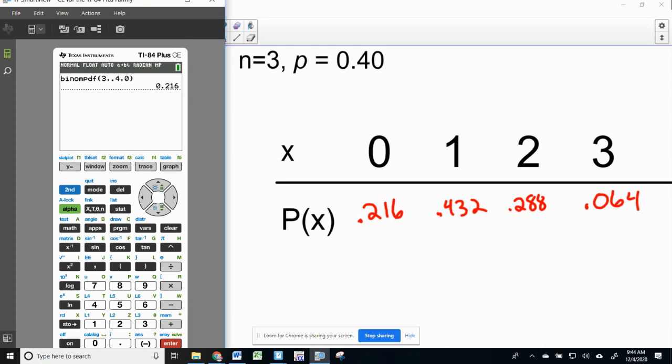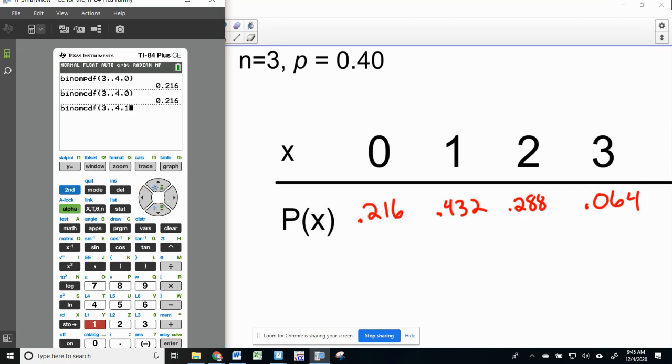Now let's do CDF and watch what happens. 3, 0.4, 3. Let's try it again. 3, 0.4, 0. Doesn't do anything. That's awful peculiar, Mr. Meach. So let's see what happens when I put 1 here.